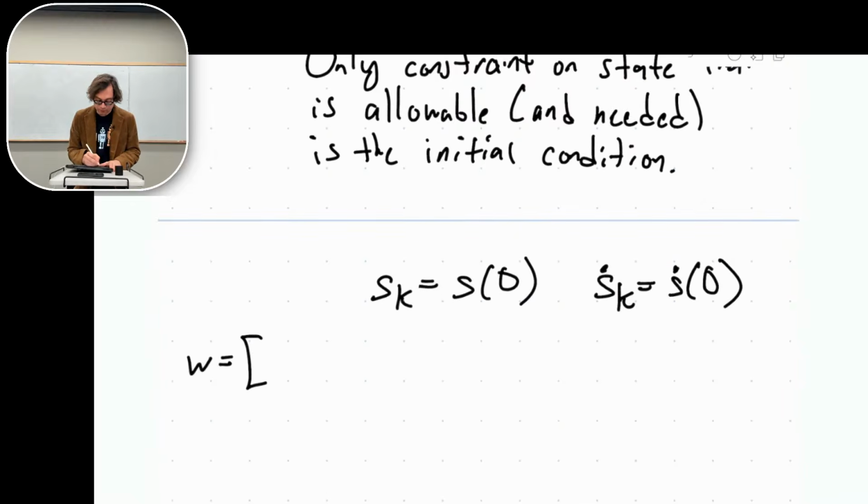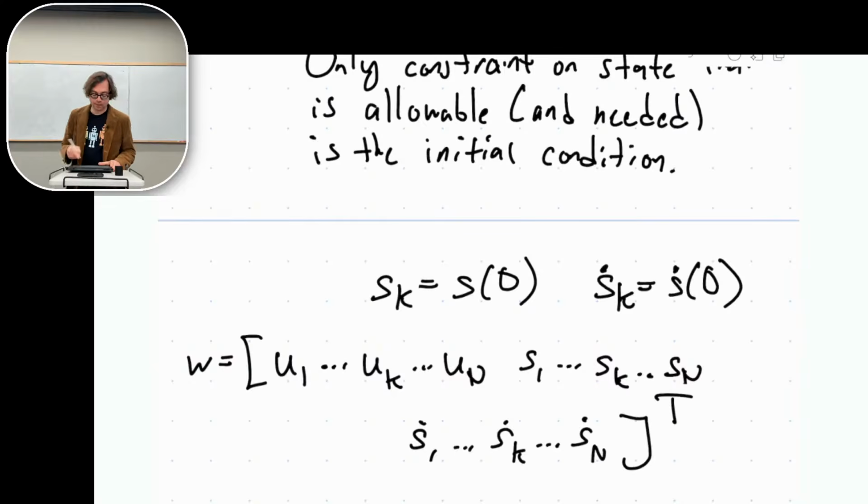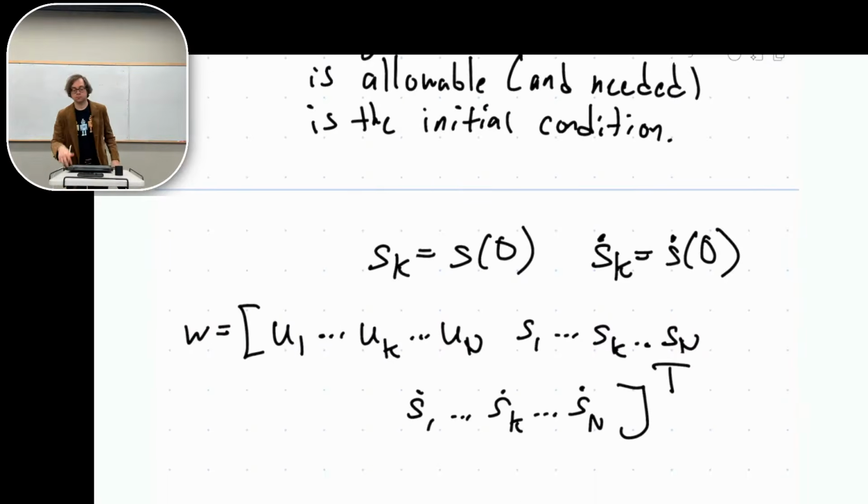And your decision variables are U1 through UK through UN, S1 through SK through SN, and S dot 1 through S dot K through S dot N, all as a column. There we go. That is our decision vector.